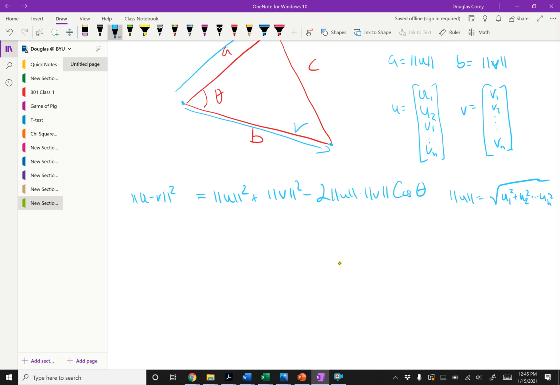So everywhere there's one of those, I've got to replace it with this. So the norm of u minus v, squared, is going to be u1 minus v1 squared plus u2 minus v2 squared, dot dot dot, un minus vn squared.